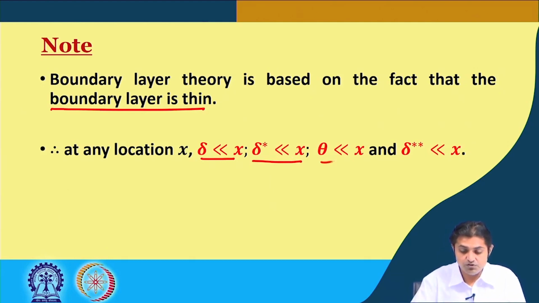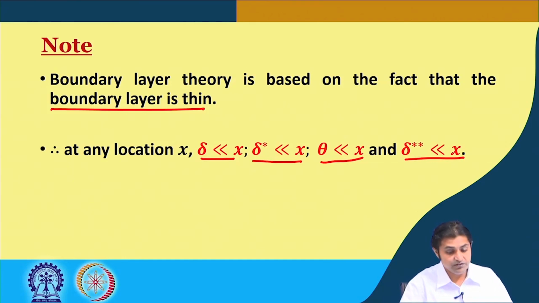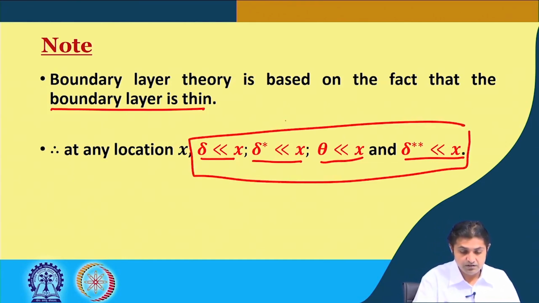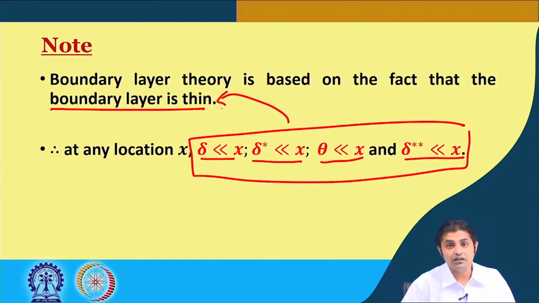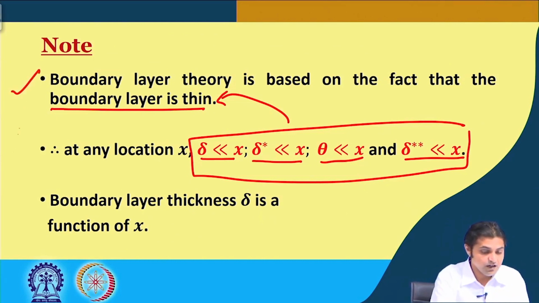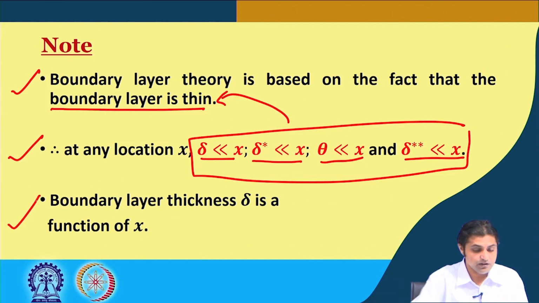This x must also be greater than the momentum thickness and also the energy thickness. These four things mean that the boundary layer is thin. The boundary layer thickness delta is a function of x. This has to be assumed. These are the 1, 2 and 3.